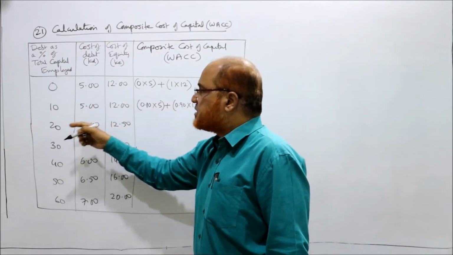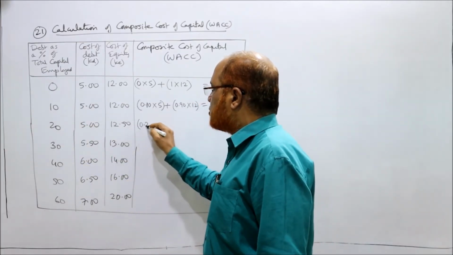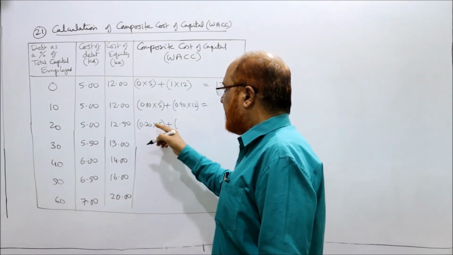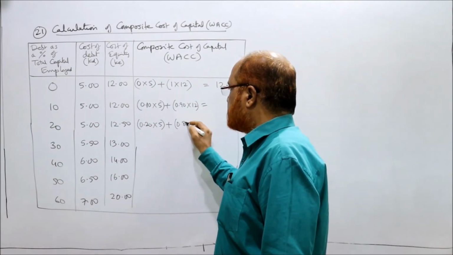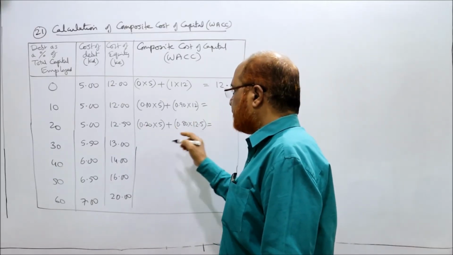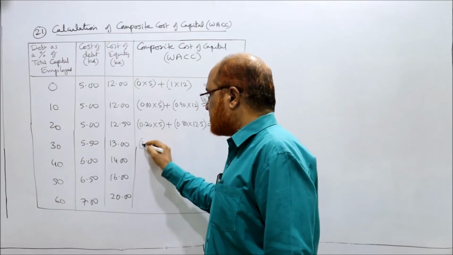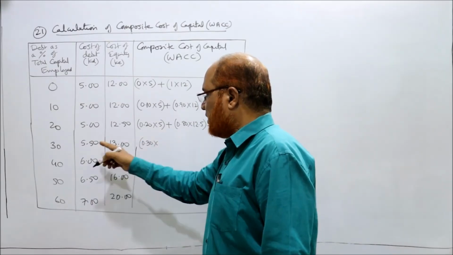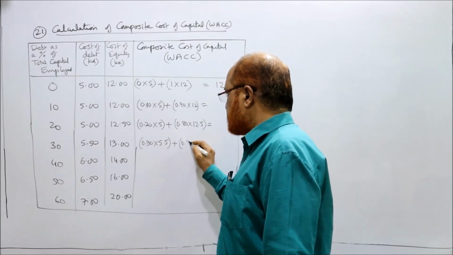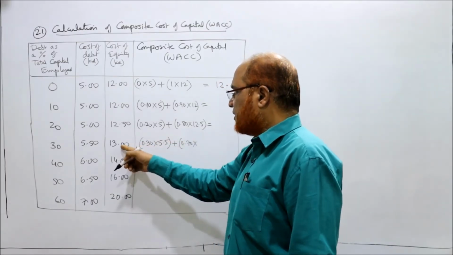Similarly, 20% debt will take 0.20 into cost of debt 5, plus 80%, 0.80 into 12.5. 30% debt, 0.30 into 5.5, plus 0.70 into 13.